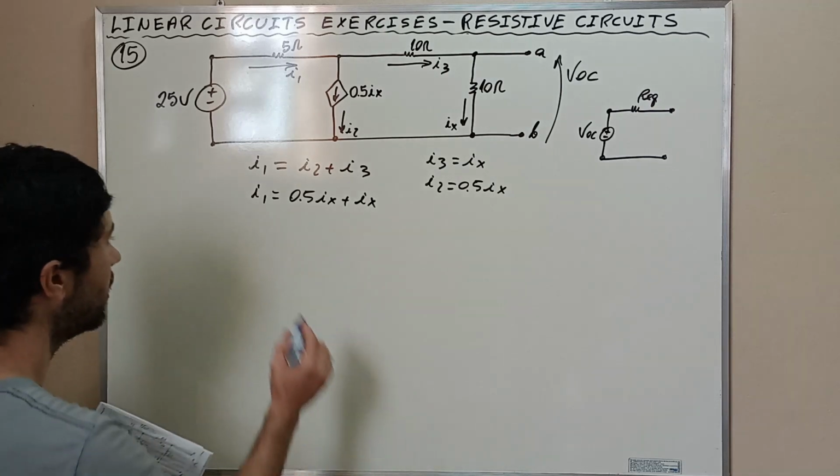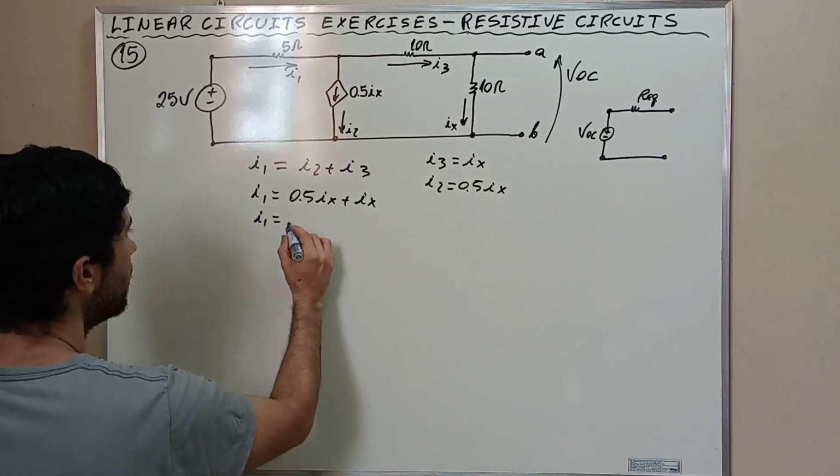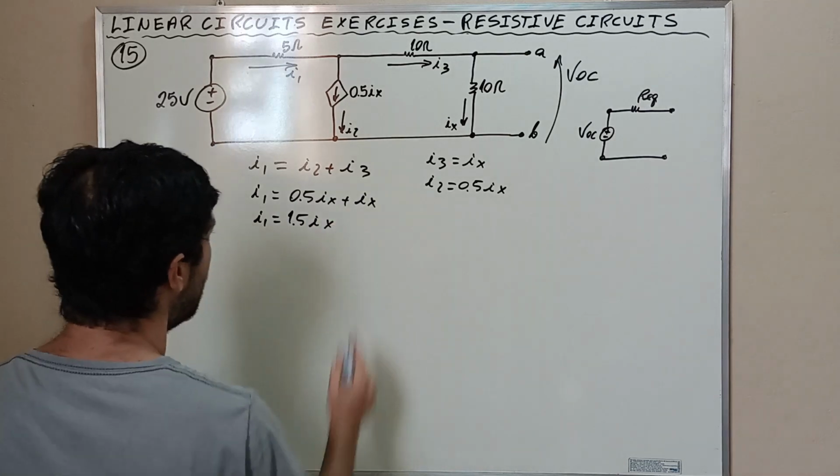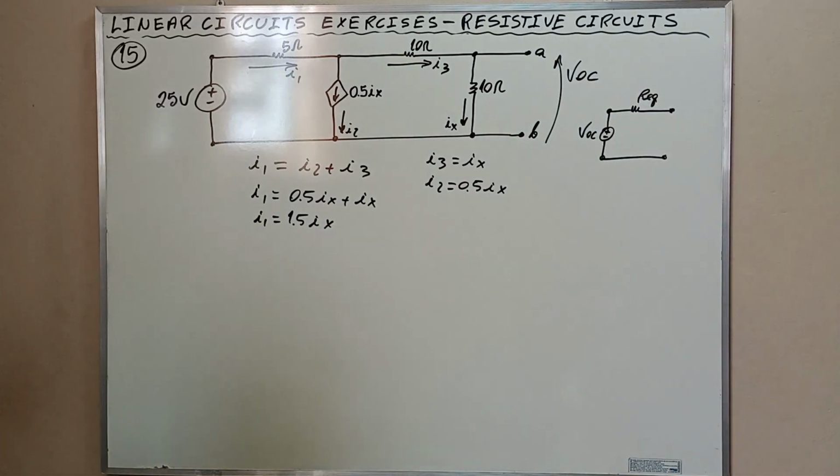Ultimately, we find that I1 is equal to 1.5 times Ix. This is the first step in solving this exercise. And knowing that I1 is equal to 1.5 times Ix, we can calculate as follows.